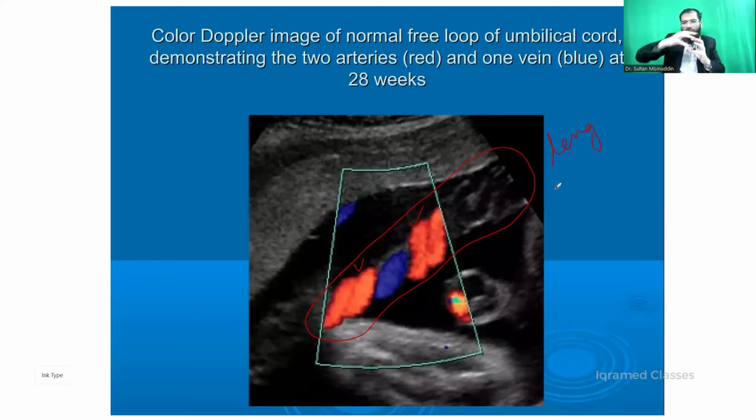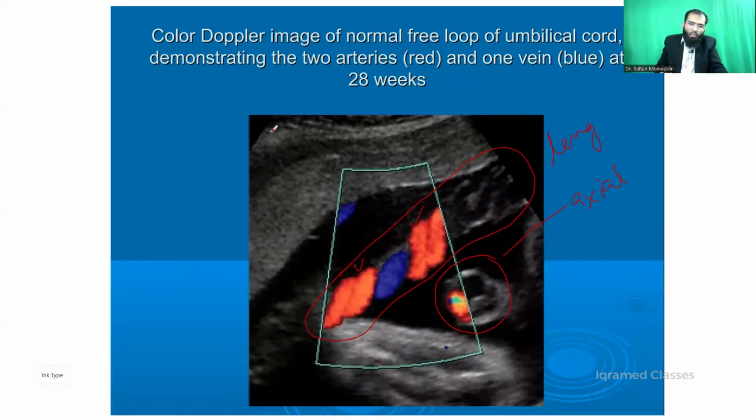And this what you are seeing here is the axial view or transverse cut. So it's like the hand, if I cut like this, you would be getting a longitudinal view. If I cut it like this, you'll be getting an axial view.